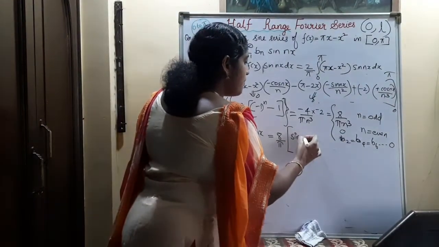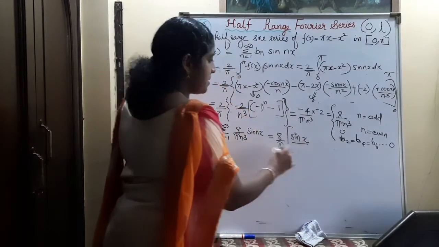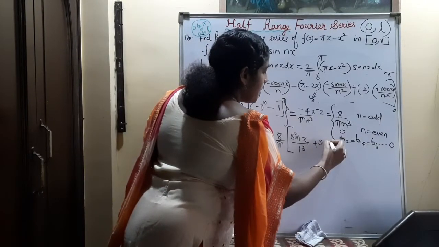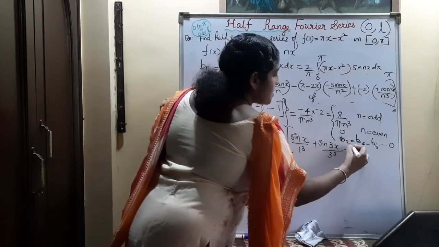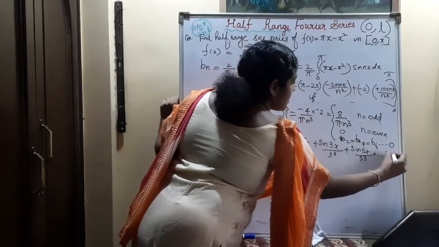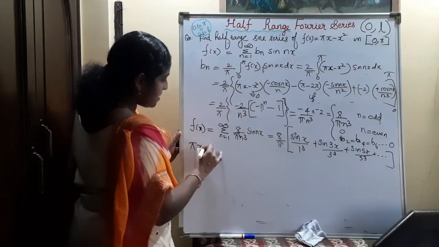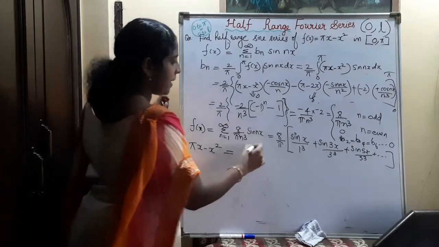So sin 1x divided by 1 cube, plus sin 3x divided by 3 cube, plus sin 5x divided by 5 cube, plus etc. So the given answer is pi x minus x square equal to this.